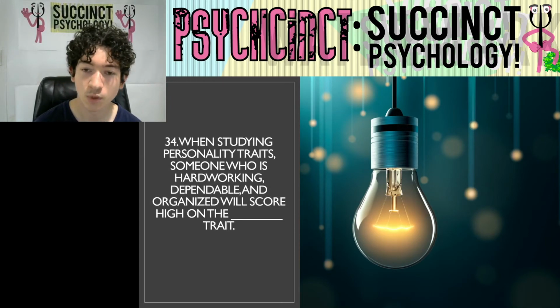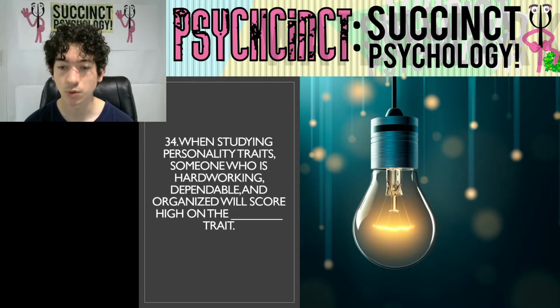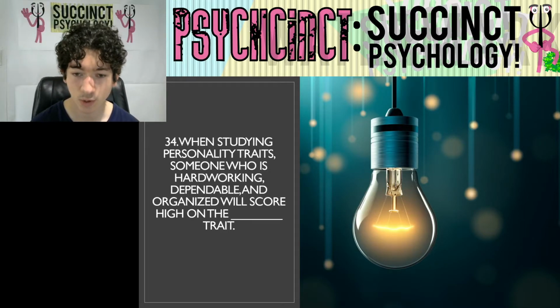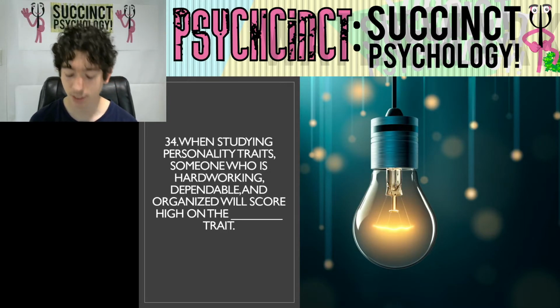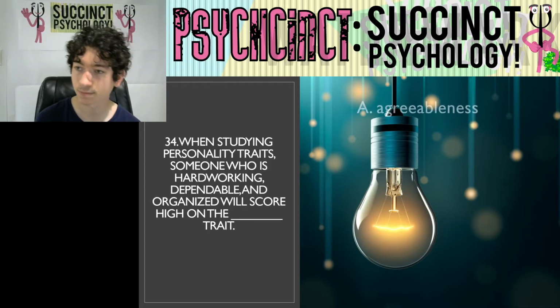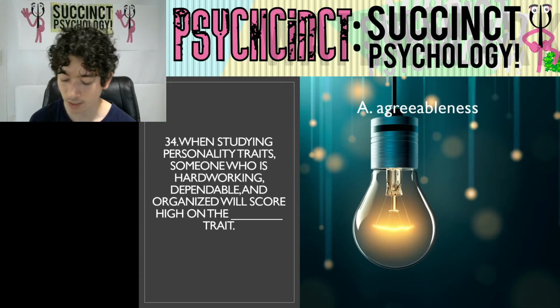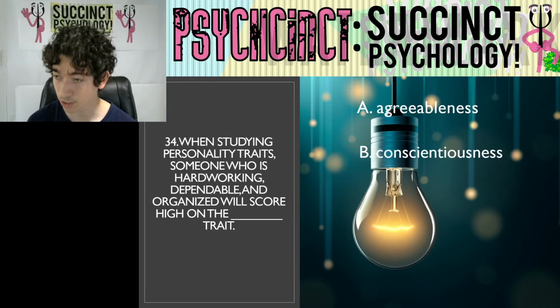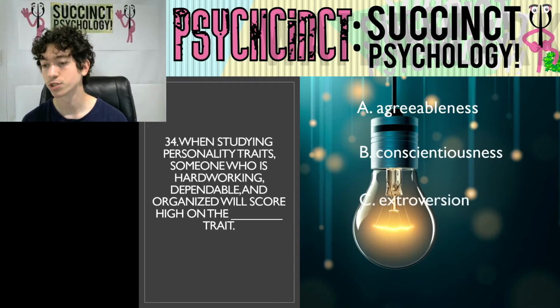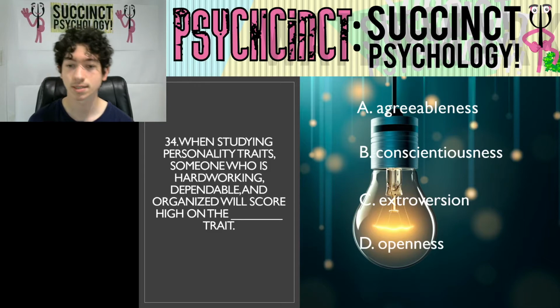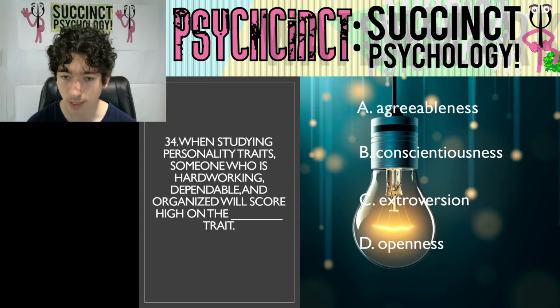34. When studying personality traits, someone who is hardworking, dependable, and organized will score high on the blank trait. What trait is that? Is it the agreeableness trait, the conscientiousness trait, extroversion, or openness? Hardworking, dependable, and organized.